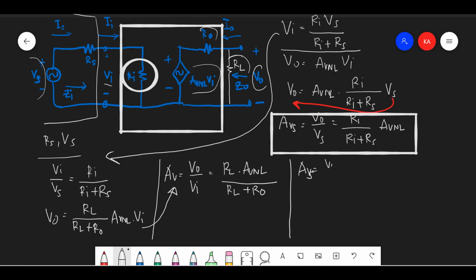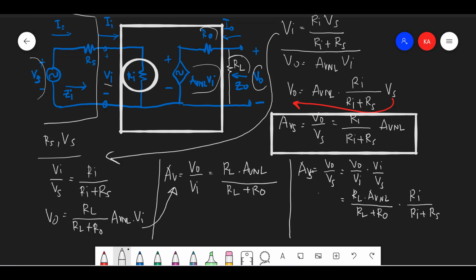AVS is Vo per Vs, so we can write Vo per Vs as Vo per Vi times Vi per Vs. From here, Vo per Vi is RL AVnl per RL plus Ro, and Vi per Vs is Ri per Ri plus Rs.